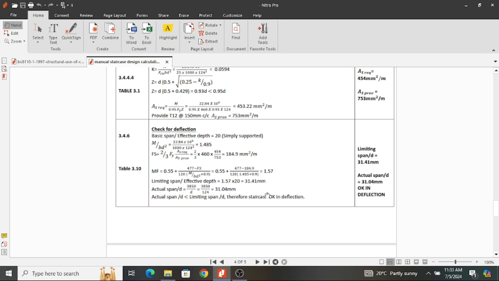Remember, we have done this 3 times. Whoa, it's a sigh of relief. I intentionally took us through this so that we can appreciate that preliminary design is very essential when you're designing a structure. And sometimes you're forced to design a structure 2 or 3 times so that it can pass a certain check.